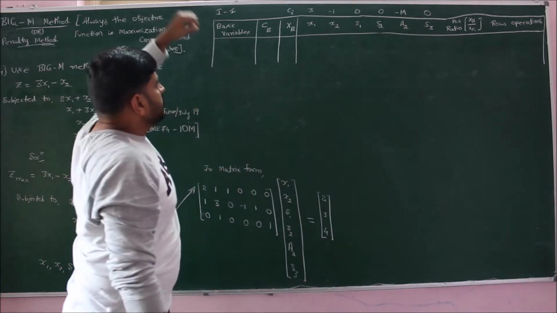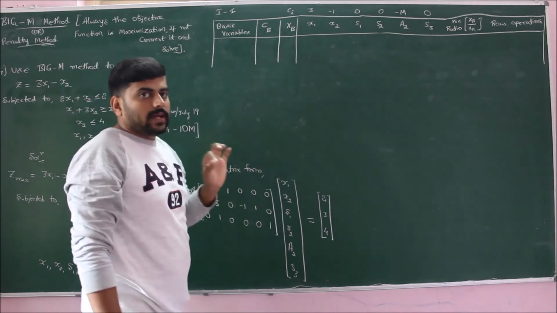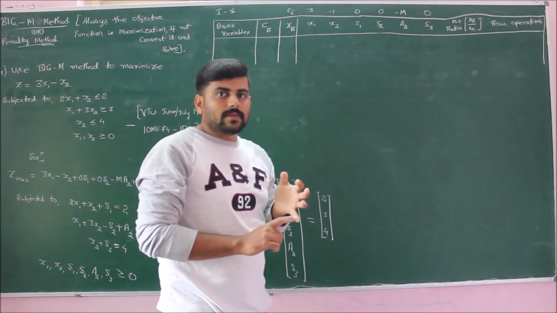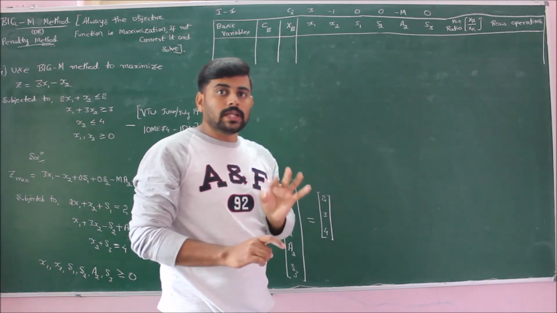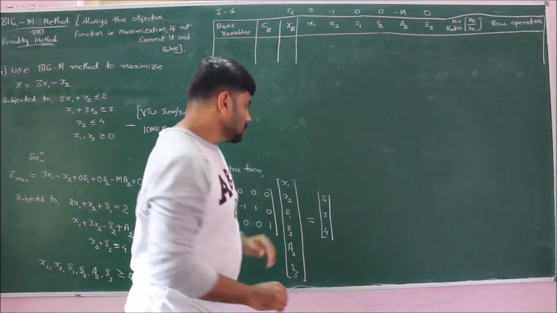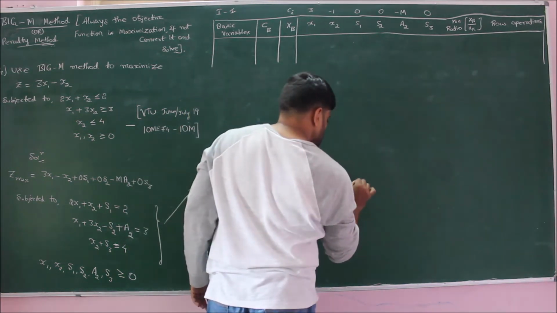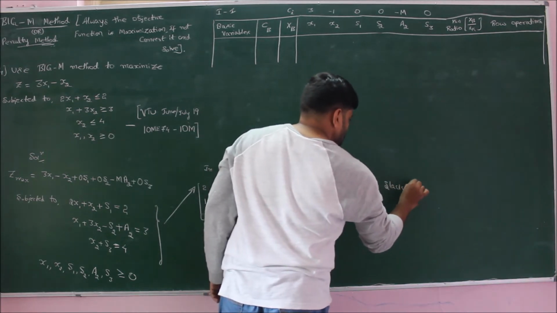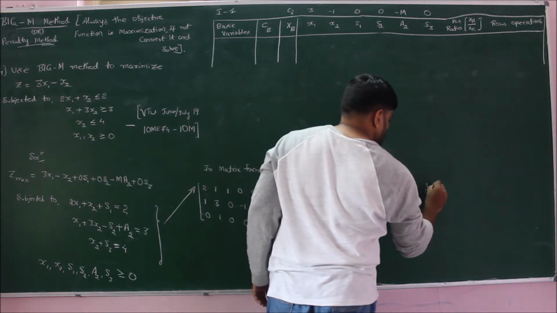Now taking the basic variables, a very important note is that the basic variables are slack variables and artificial variables only. You should not take the surplus variables. So the basic variables are slack and artificial variables only.